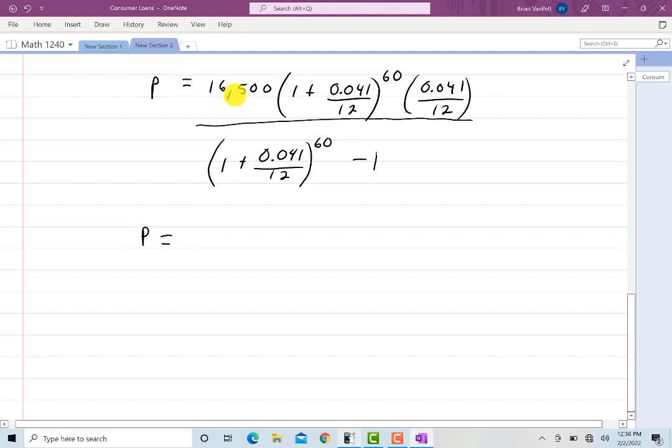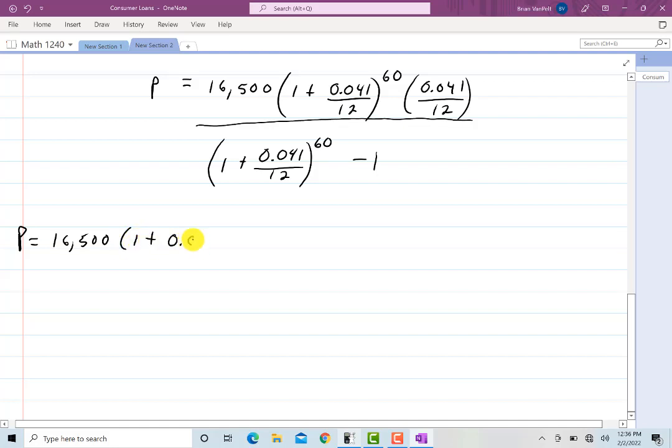I'm going to have the numerator, which I can do in one line very simply. And because it's such a long formula, I'm going to put my P way over here. And then I'll have 16,500 times 1 plus 0.041 over 12. I wanted to write it the way your calculator would need to see it, so let me redo that.